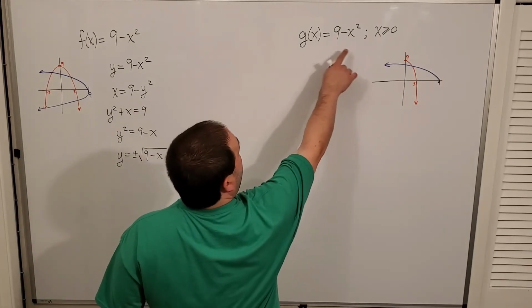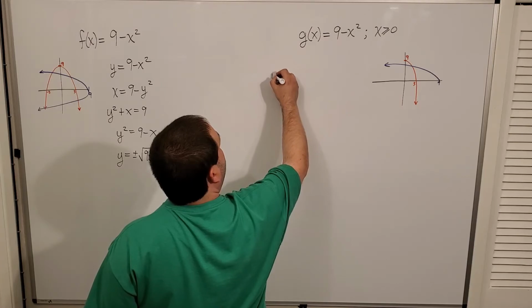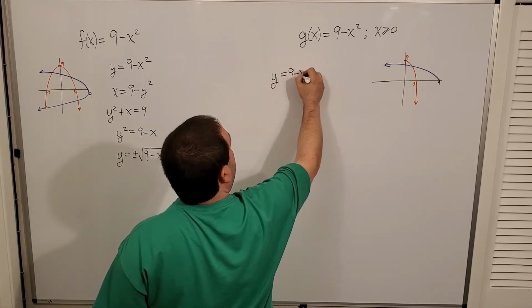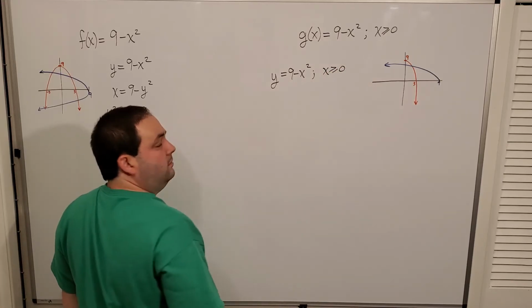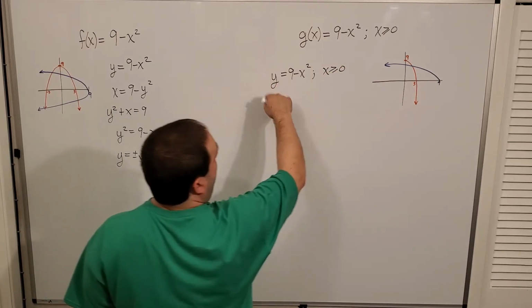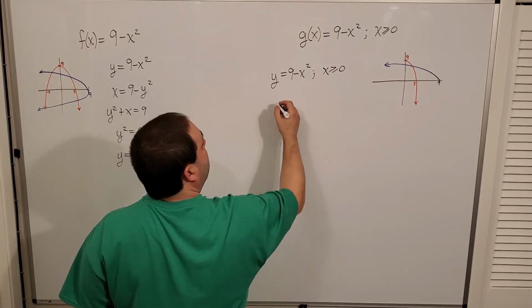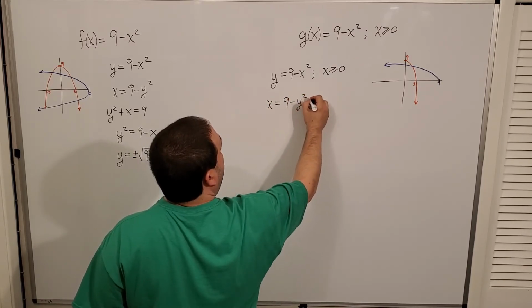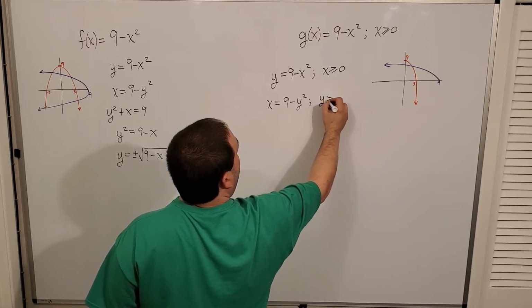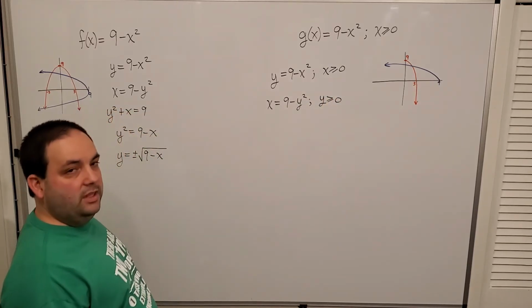I use y instead of g of x, right? And I swap all x's for y's and all y's for x's. So that's x equals 9 minus y squared, y is greater than or equal to 0. Notice everything switches.